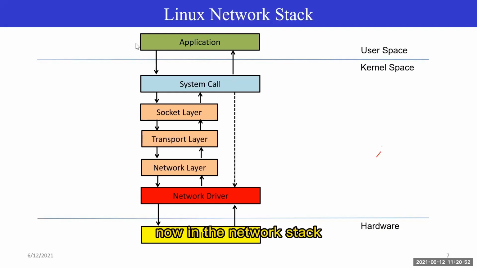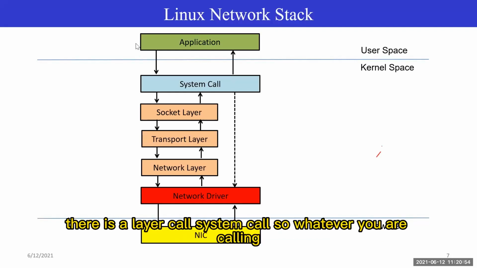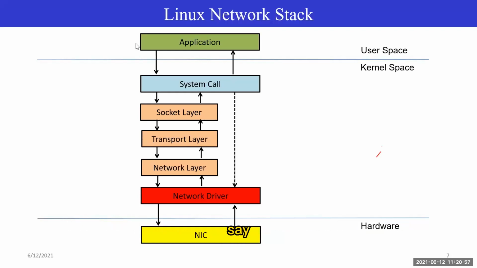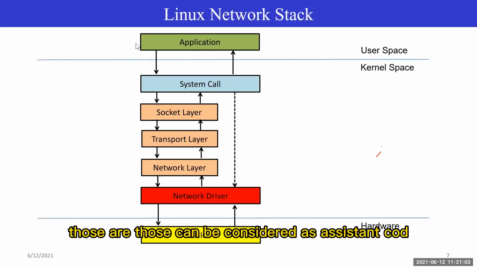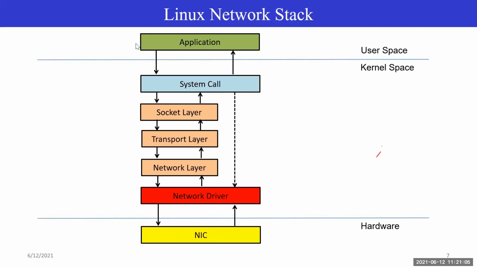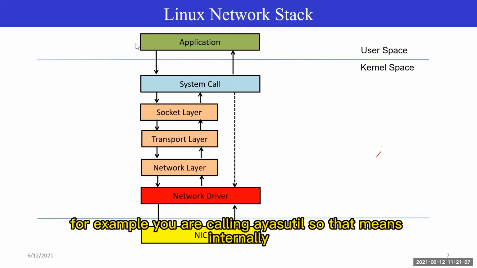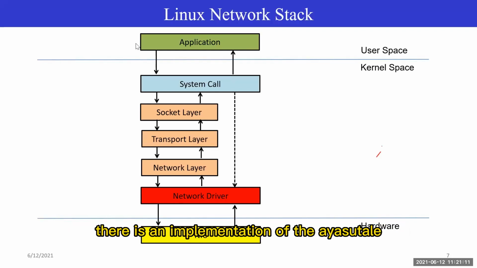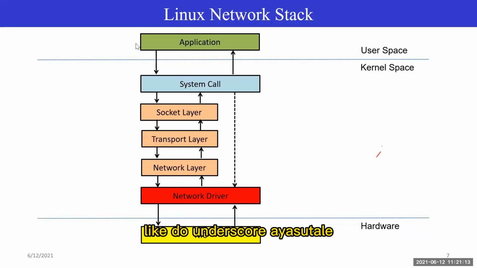Now in the network stack, there is a layer called system call. Whatever you are calling, say you are calling IOCTL or any socket APIs, those can be considered a system call. So for example, you are calling IOCTL. Internally there's an implementation of IOCTL like do_ioctl, and that will be invoked.